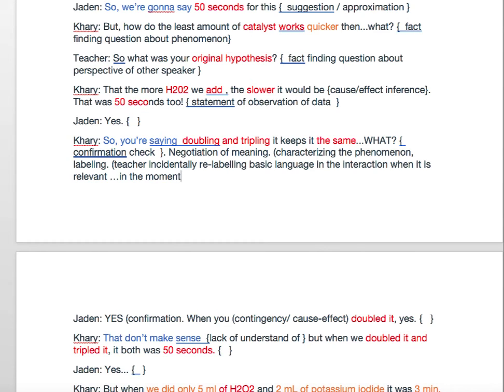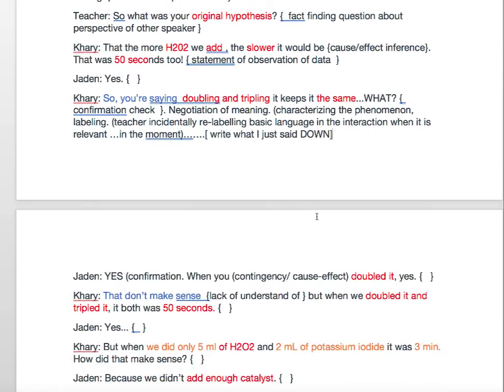All right, and what I would tell you is whenever you do that and you actually tell a learner a better way of saying it, you tell that learner right then and there, write what I just said down. Right? Have them mark it on their worksheet. Have them mark it in their language notebook for their subject area. Okay, because you want to draw attention to the language of expressing these academic ideas.